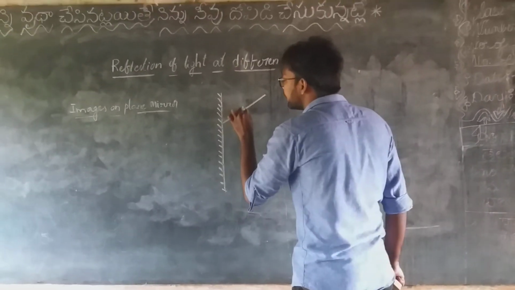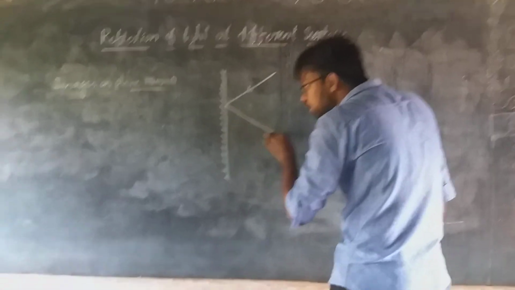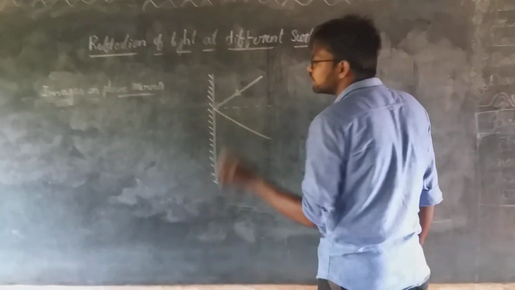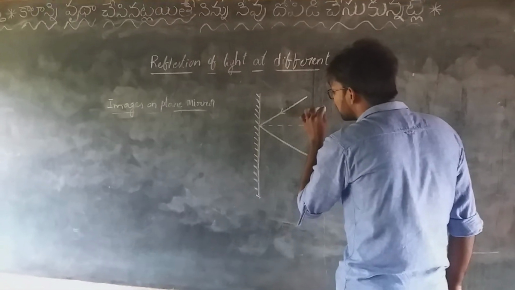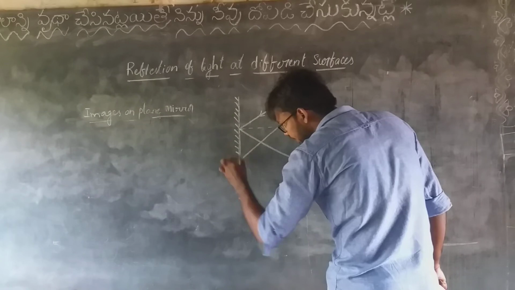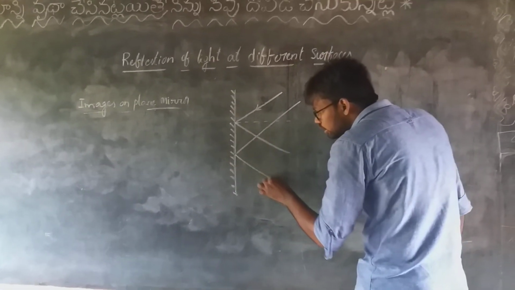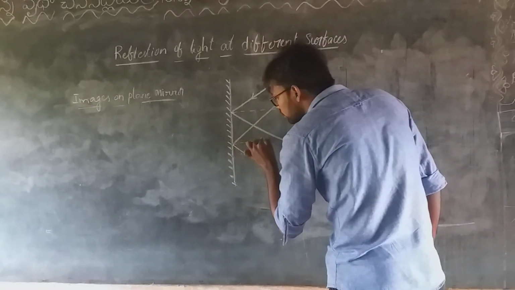So any light ray incident on the plane mirror will reflect back. Here it is the normal. Like that, the second light ray is also reflected back. So this is the normal.